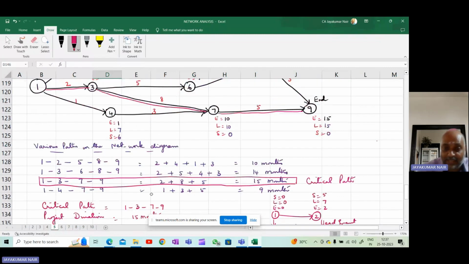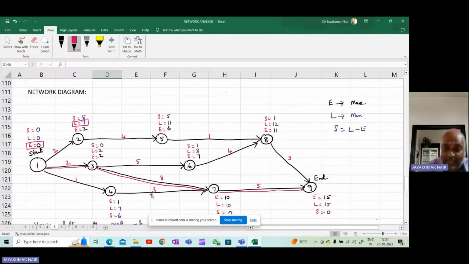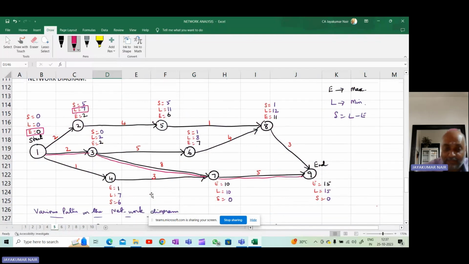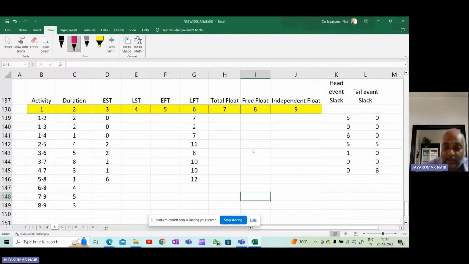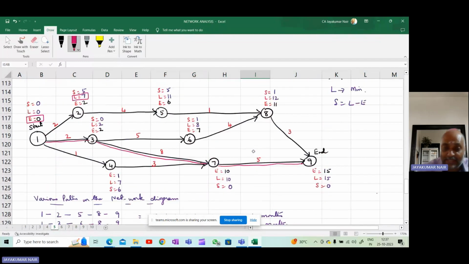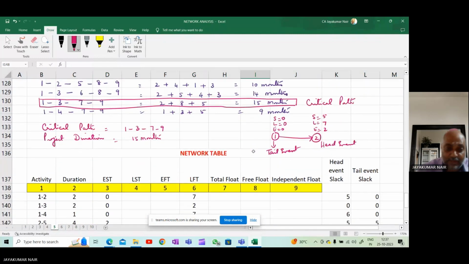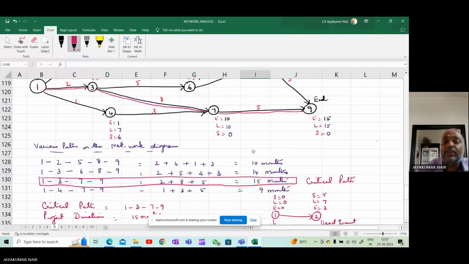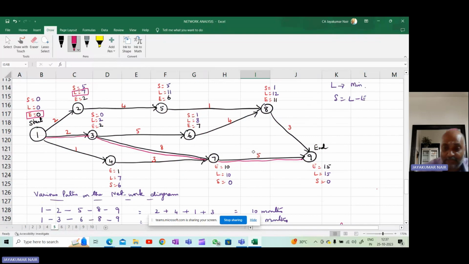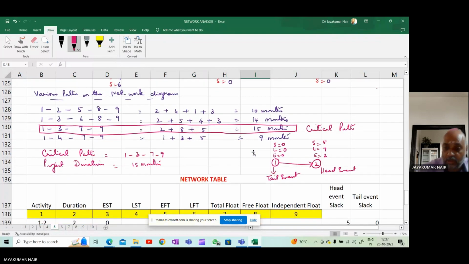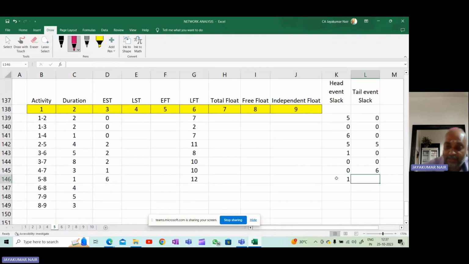Next, 5, 8. 5, 8 is 6 and 12. And what are the head event slacks? It is 1 and 5.